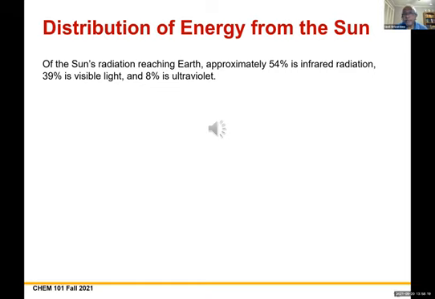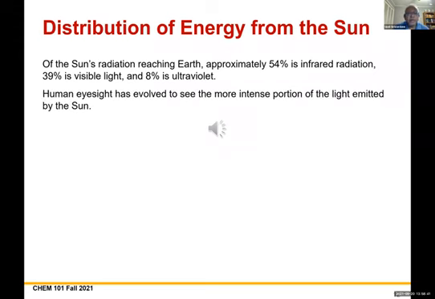That's good, we get heated by the heat radiation, which is infrared. 39% is visible light, 8% is ultraviolet. So not many gamma rays or lower frequency radiation are given out by the sun.